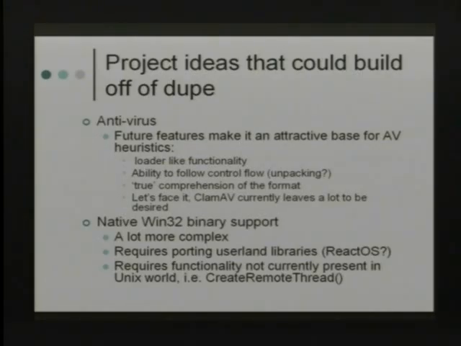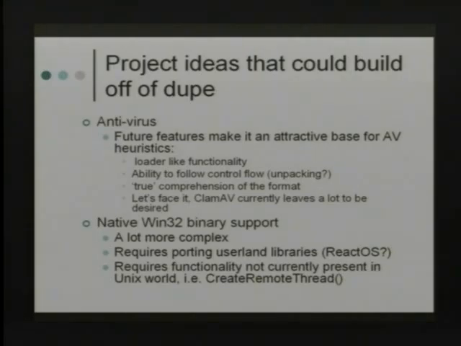As far as what we could build off of this, instead of just objdump itself, there's a lot of stuff you could do with antivirus, especially when you start doing the pseudo dynamic analysis. Once you start getting that in, you can start doing things like unpacking, and then you can actually do heuristics off of that. And there's a huge gap in this right now. ClamAV is not very good.